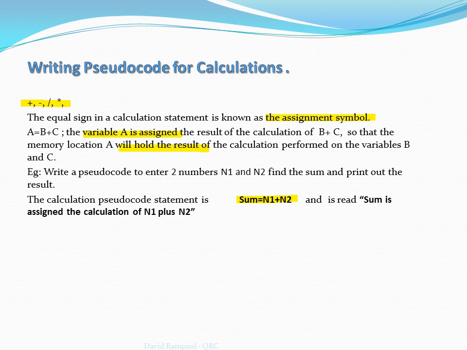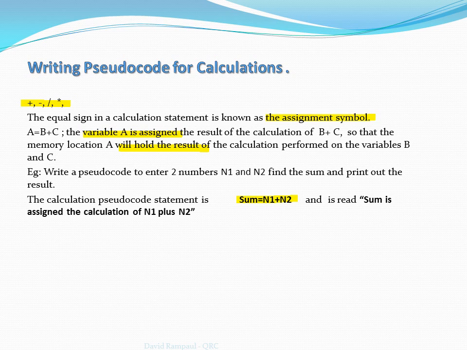Let's look now at writing pseudocode for calculations. First of all, in calculations, we use the plus, the minus, the backslash for divide, and the asterisk for multiplication. The equal sign in a calculation statement is known as the assignment symbol.